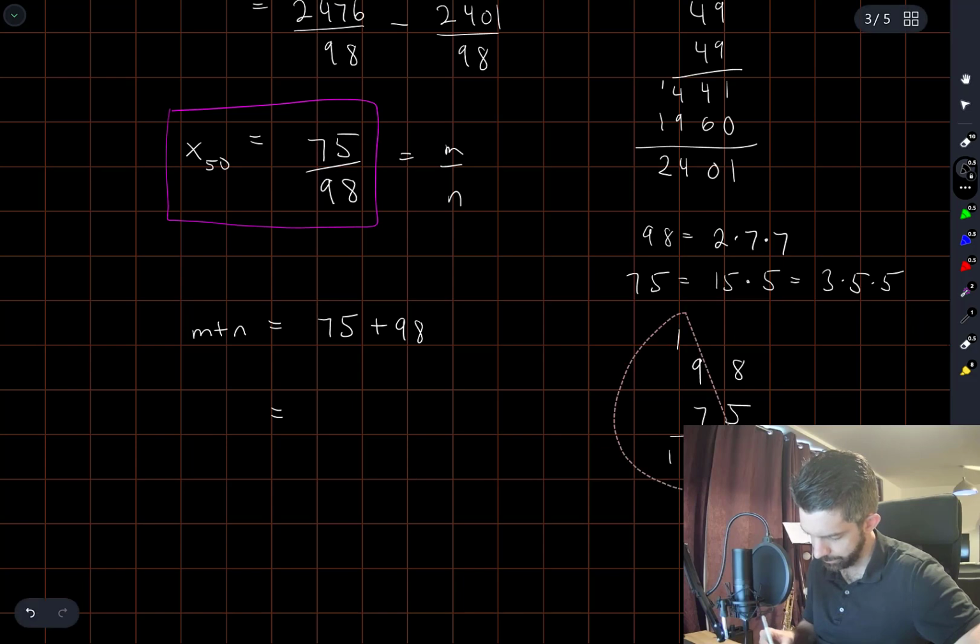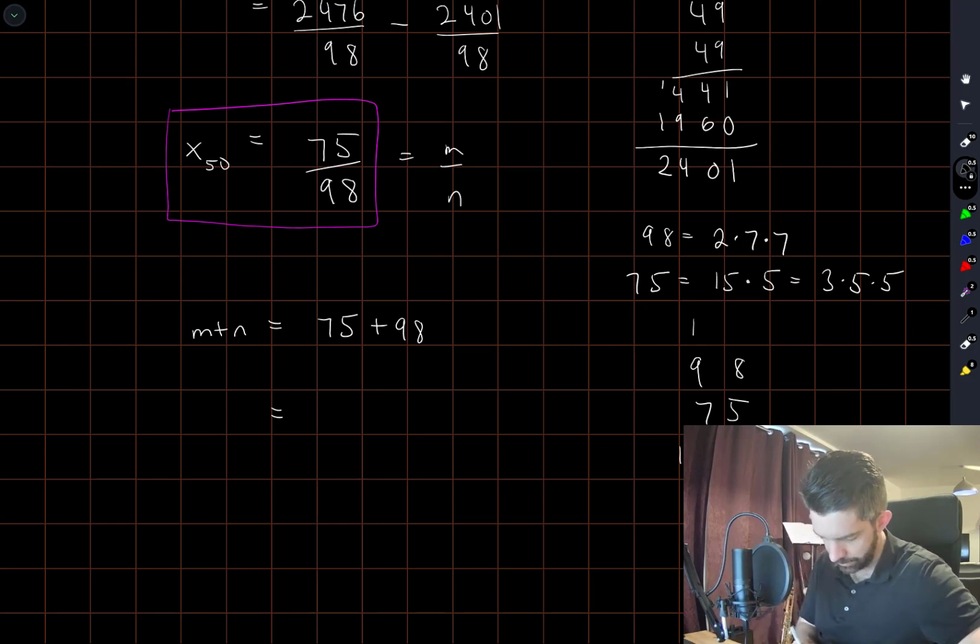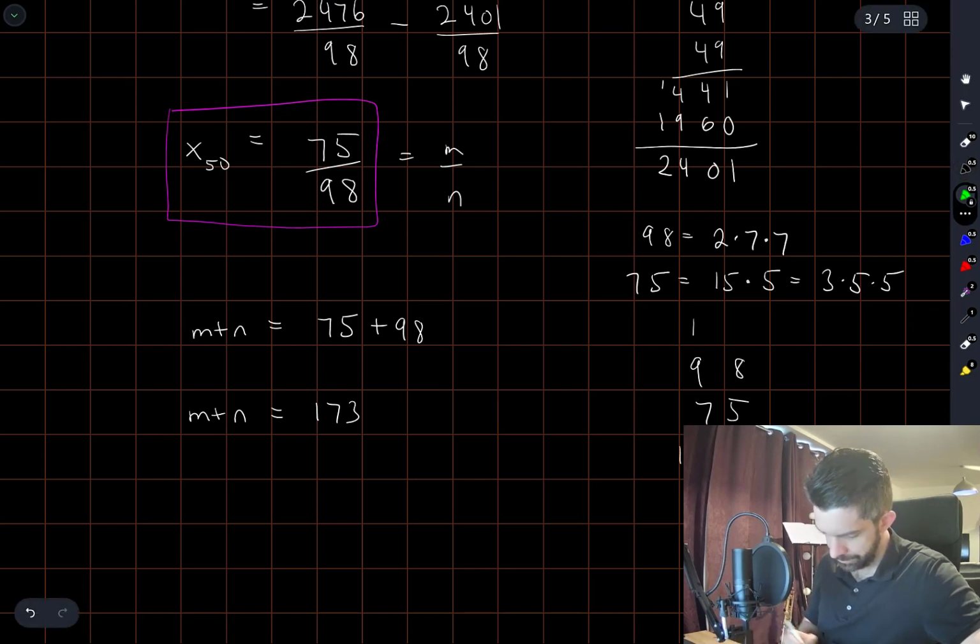Oh, what am I doing here? What am I doing? Multiplying instead of dividing, or some weird combination. 173. Yeah, I feel pretty confident about this as usual.